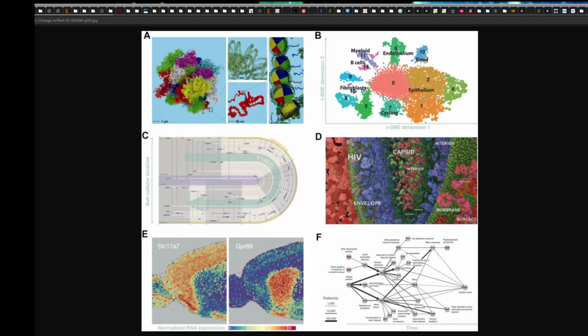Lieberman-Aiden, E., van Berkum, N.L., Williams, L., Imakaev, M., Ragoczy, T., Telling, A., et al., 2009. Comprehensive Mapping of Long-Range Interactions Reveals Folding Principles of the Human Genome. Science 326, 289-293. DOI 10.1126/science.1181369. PubMed Abstract, CrossRef Full Text, Google Scholar.